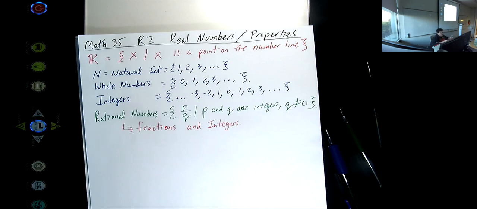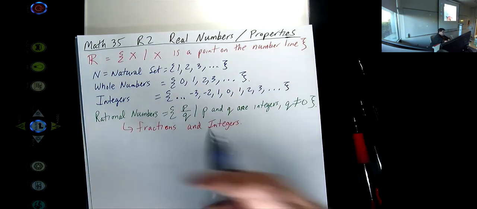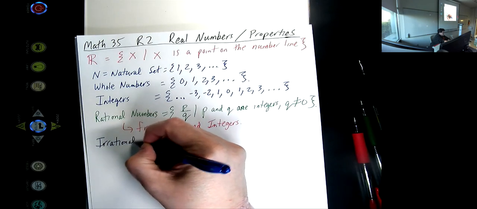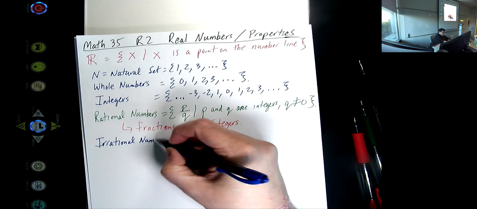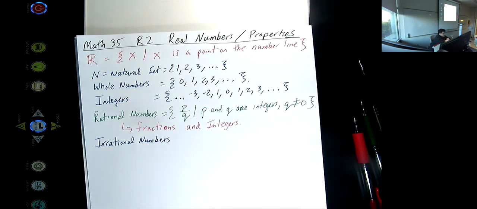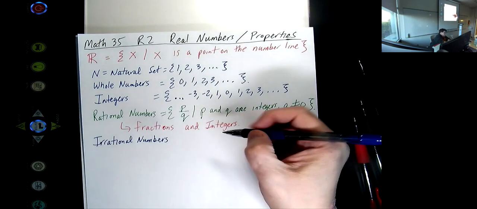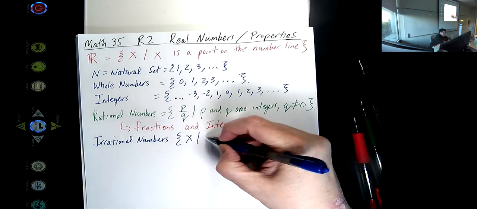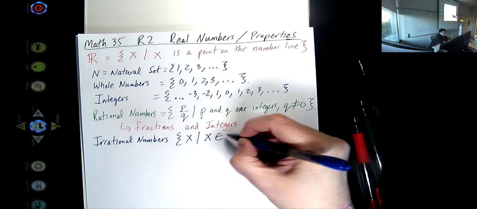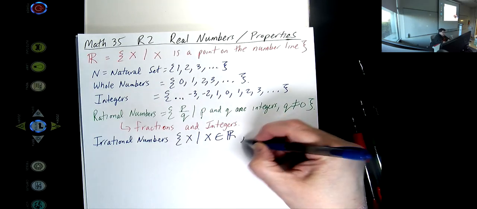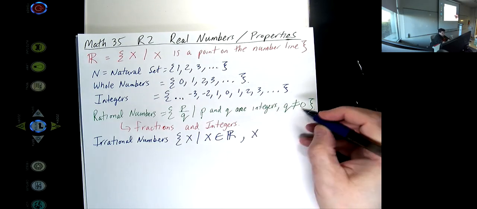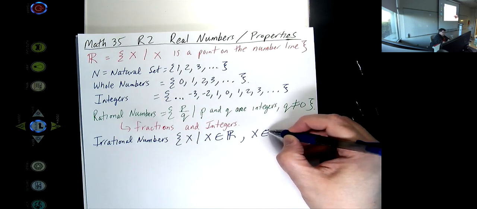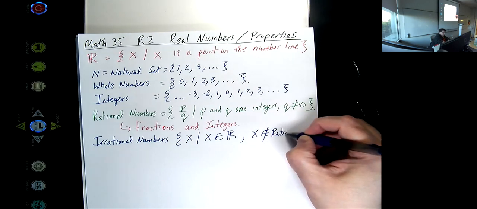And then the final category that's in the real number set is the irrational numbers. And this is the worst definition ever, even worse than R. This is X such that X is an element of R, but X is not an element of the rational numbers.